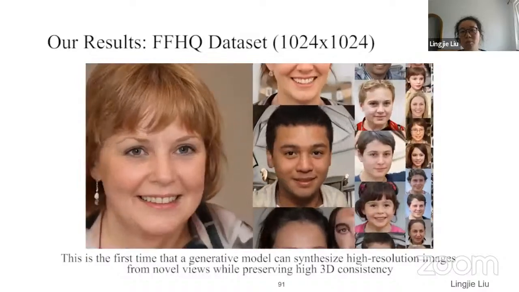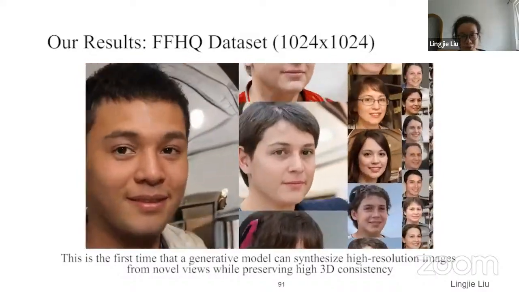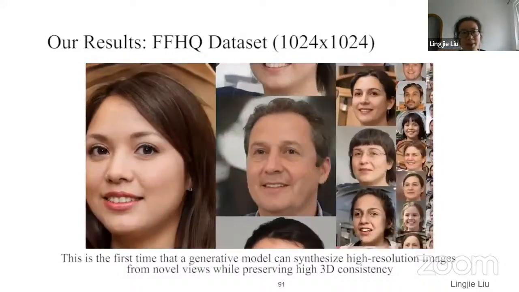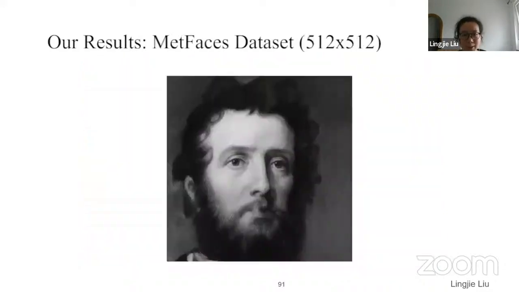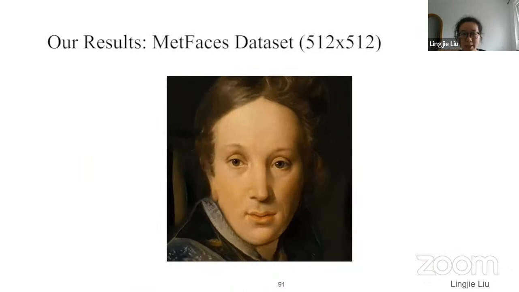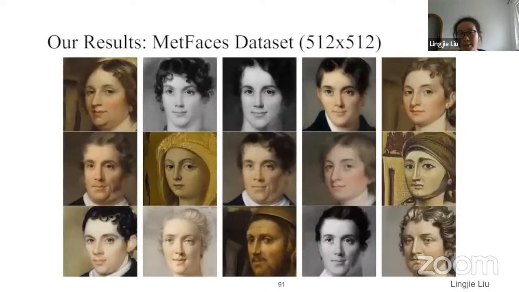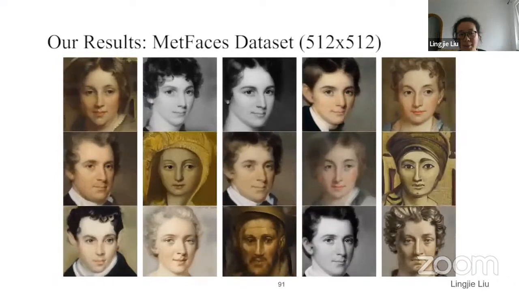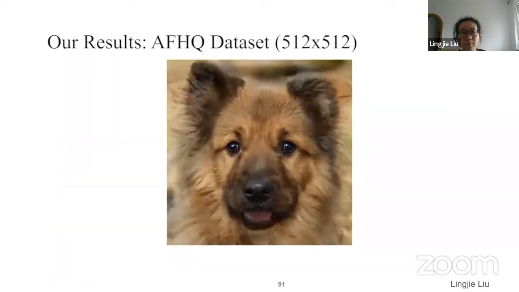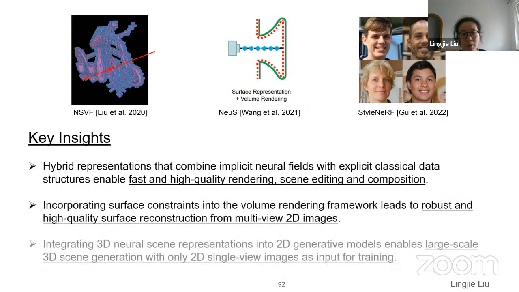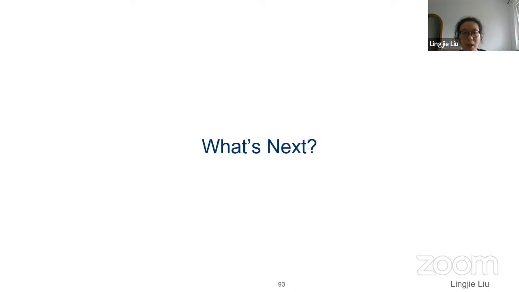And this trained model can generate photorealistic, high resolution and multi-view consistent animations of new 3D scenes. This work addresses the limitations of 2D GANs in generating multi-view consistent images of the same 3D scene. Due to limited time, I will also skip the slide summarizing these three works.